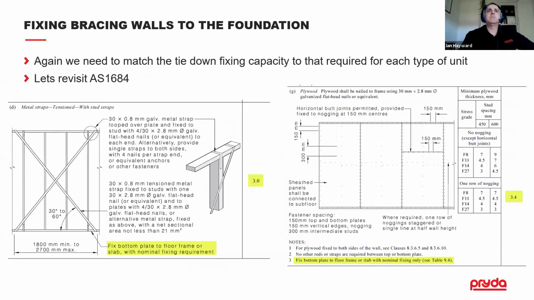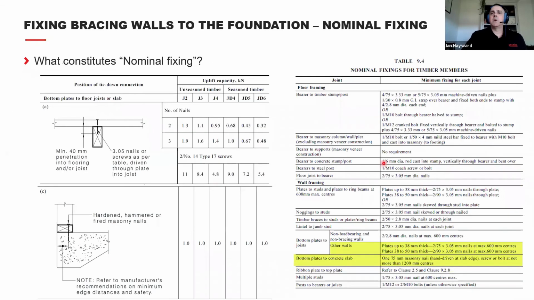So again, what we need to do is match the tie down fixing for each type of unit. And so we go back to 1684, and what does that tell us? Well, for these 3 kilonewton meter type units for plywood and strap brace, you can see here it says fix the bottom plate to the floor frame with nominal fixing. Okay, so what is nominal fixing? Well, that's also outlined in the standard.